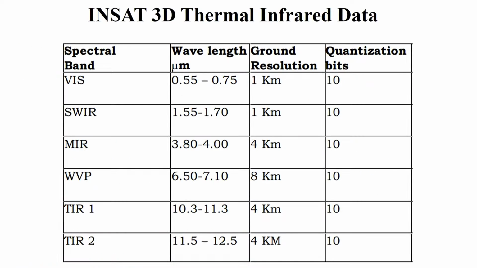Quantization bits, related to the radiometric property, are 10 bit. Thermal infrared 1 and thermal infrared 2 have a resolution of approximately 4 kilometers, and in the visible the resolution is approximately 1 kilometer.